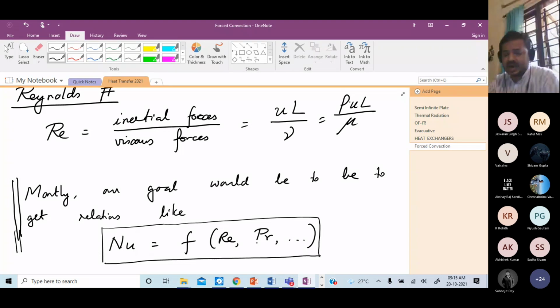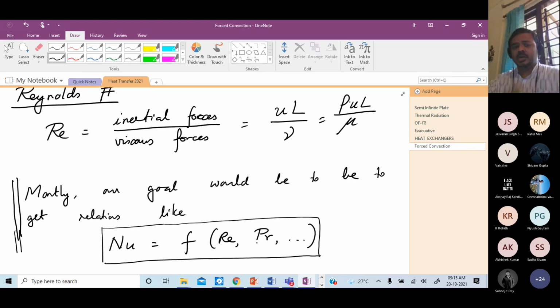As a designer in the field, you're hardly going to come across situations where it's flow over a bank of tubes, flow over a cylinder, or flow over a flat plate. But can I idealize these? Can I approximate the situation in front of me to be a combination of these geometries for which correlations are available, and then use it?